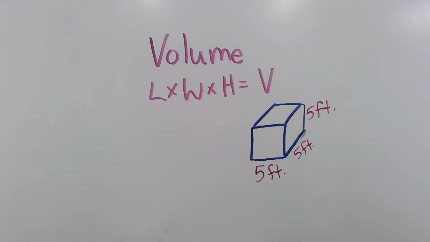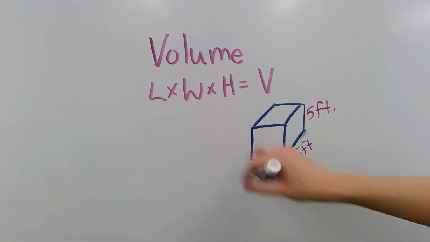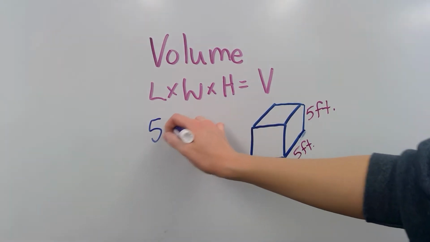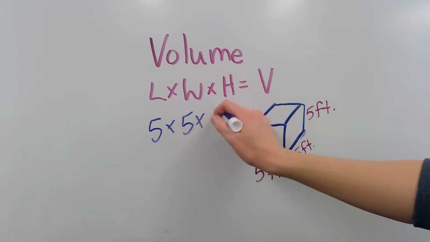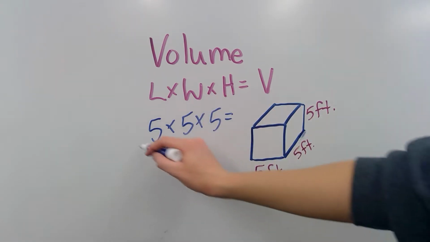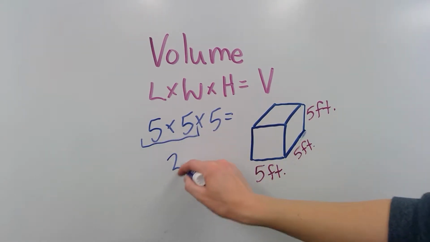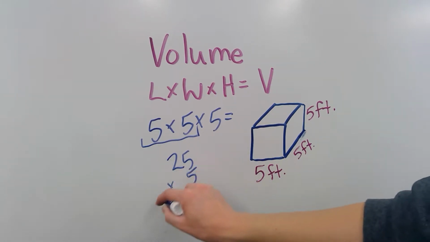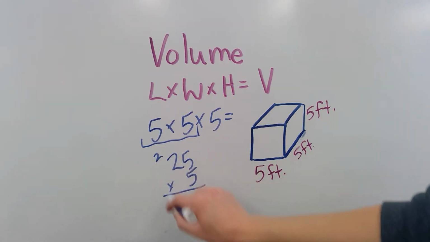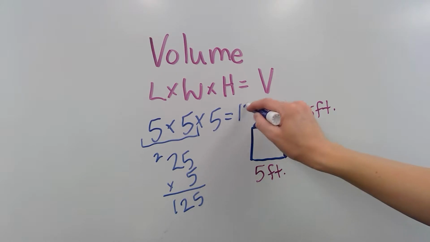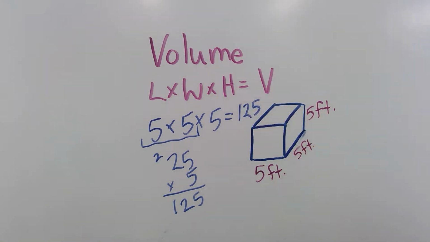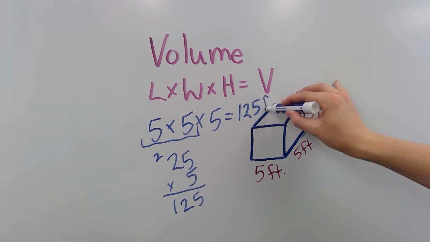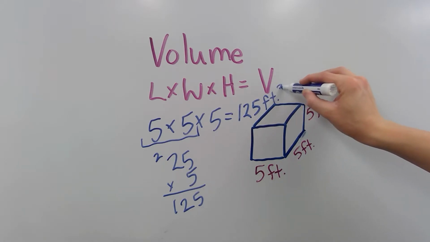So to find the volume of this cube, we would do the length times the width times the height. So we would do 5 is the length times the width, which is 5, times the height, which is 5, and that will give us our volume. 5 times 5 is 25. 25 times 5 is 125, but we can't just leave it as 125. It needs to be 125 feet cubed.